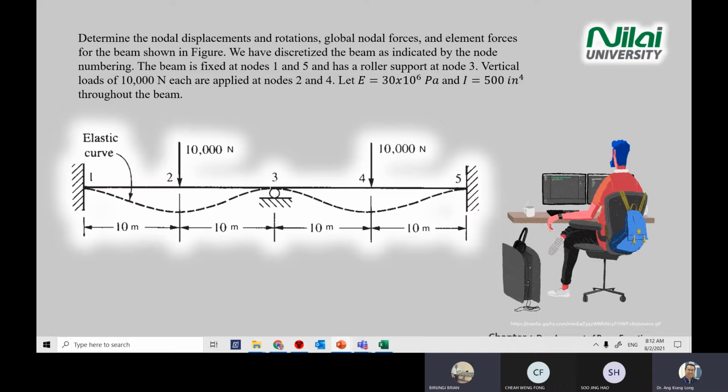So what do you think? We can break this one into how many elements? Total, you have how many elements you can break?